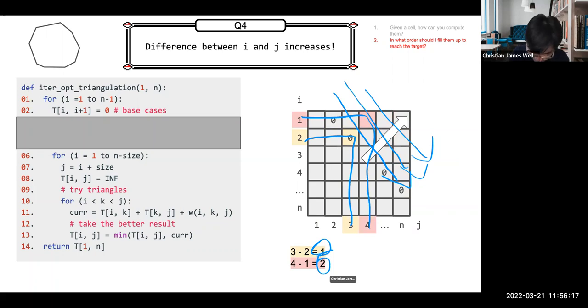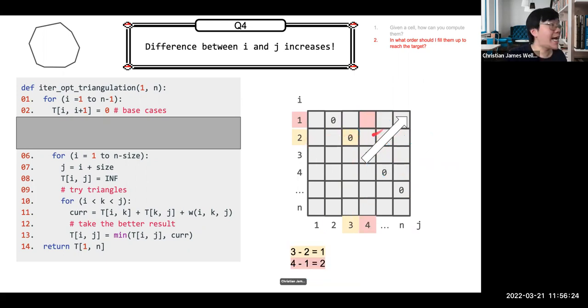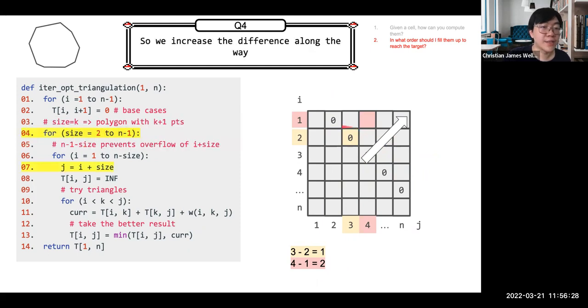Wait, I think I made a typo here. I have to fix this later. Anyway, the difference between i and j increases along different diagonals. So to do that, you increase size from 2 to n minus 1, and this directly corresponds to j equals i plus size.